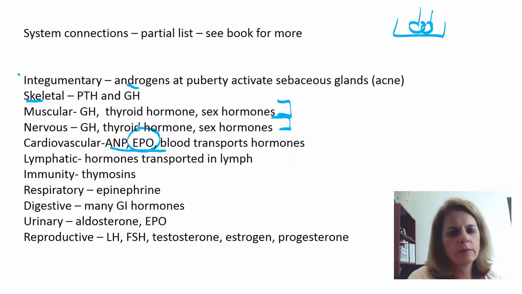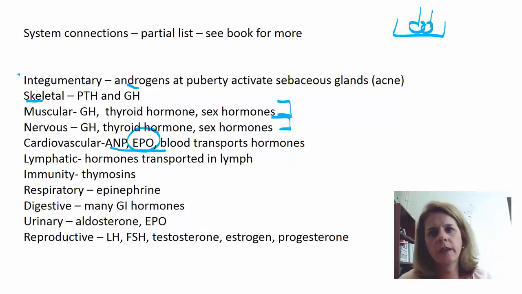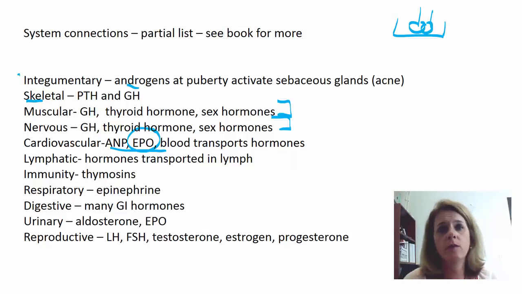What does EPO do? Erythropoietin helps you make more red blood cells, which can then be transported through your cardiovascular system. The cardiovascular system is important for the endocrine system because that's the only way to move the hormones through the body, because the hormones are in the blood.